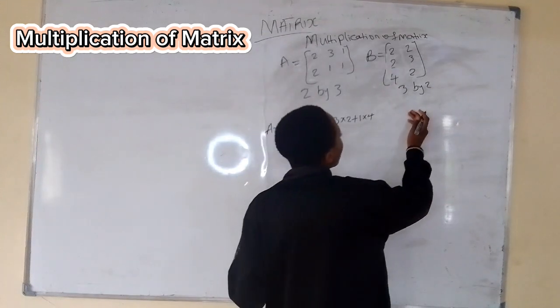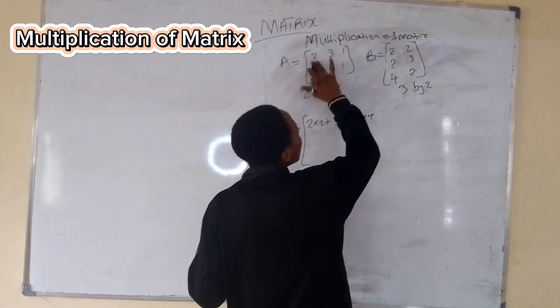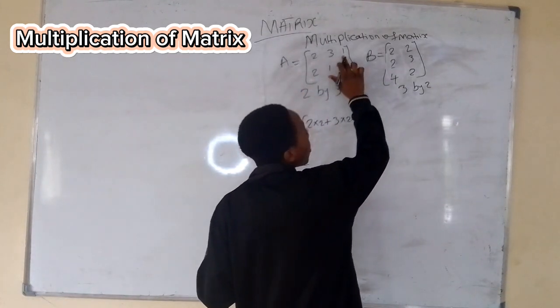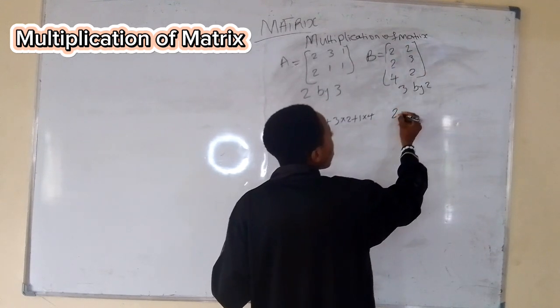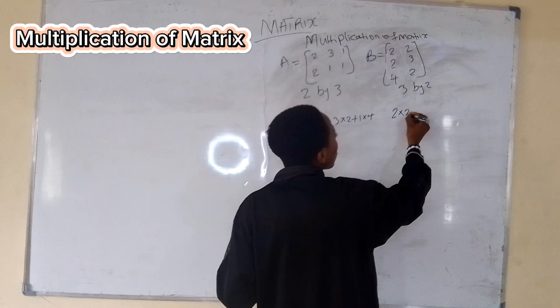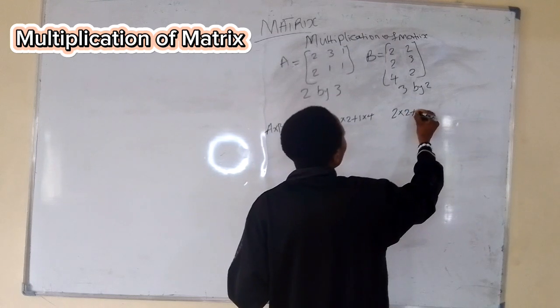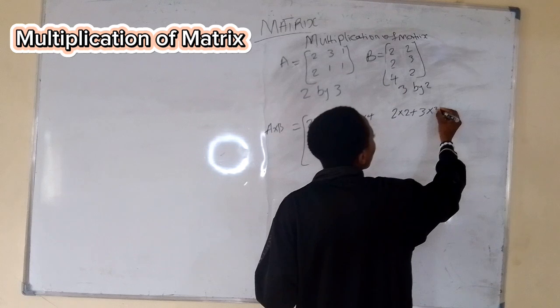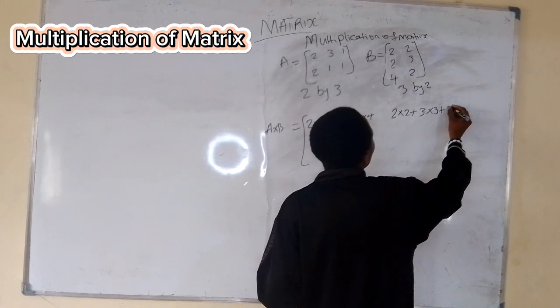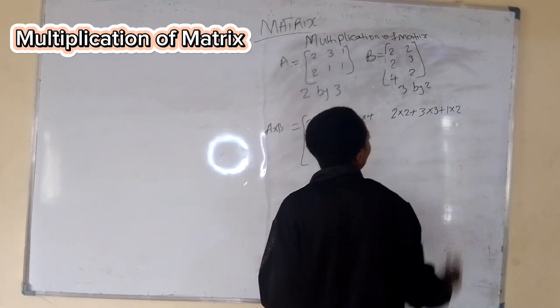Then you come to the other side, multiply this same first row by the second column. You have 2 times 2 plus 3 times 3 plus 1 times 2.